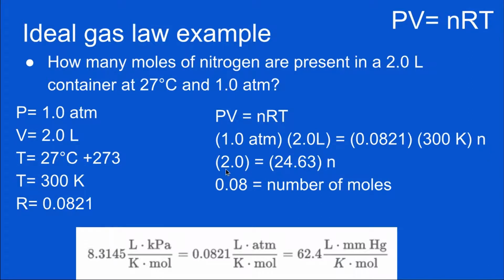The result on the left is 2.0. The result on the right is 24.63 n. So now if you divide both sides by 24.63, you get the result of 0.08, and this is the number of moles in our problem. So all these problems just come down to a little bit of algebra once you're able to set up all your different variables and know what each of them are.